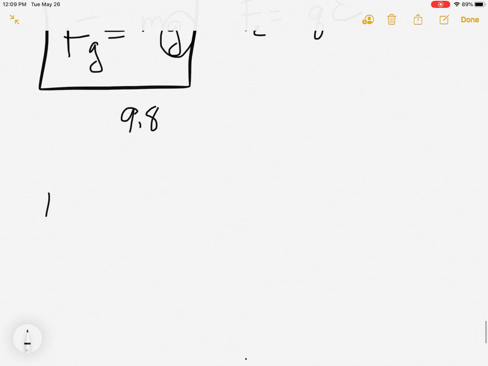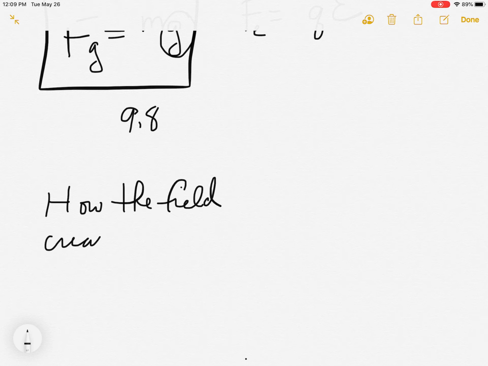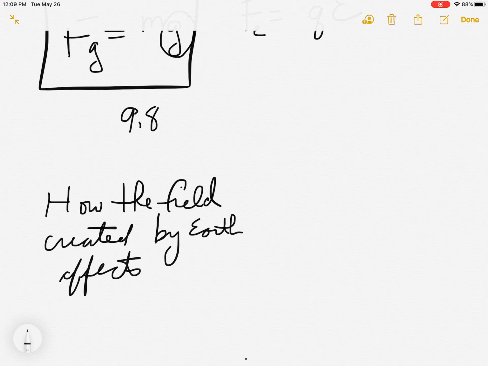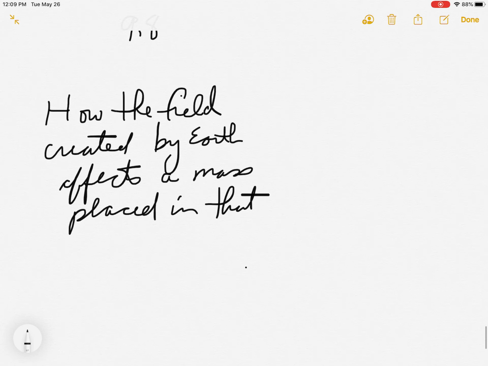So when we use Fg equals mg, we're talking about how the field created by Earth affects a mass placed in that field.